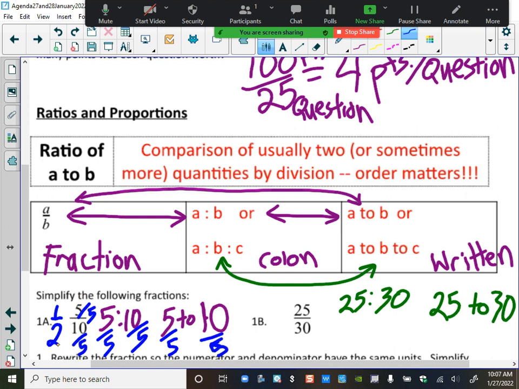Now, if you did it in ratio form, you get the same result, because 5 colon 10 becomes 1 colon 2. And if we wrote it in words, 5 to 10 simplifies to 1 to 2. That's really what's happening in the end.